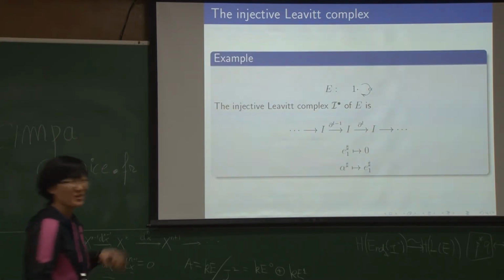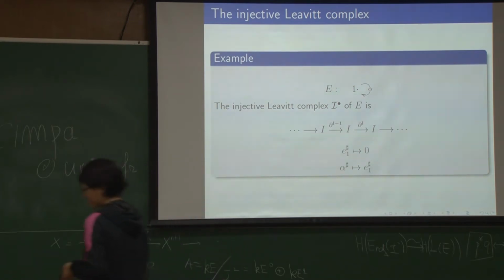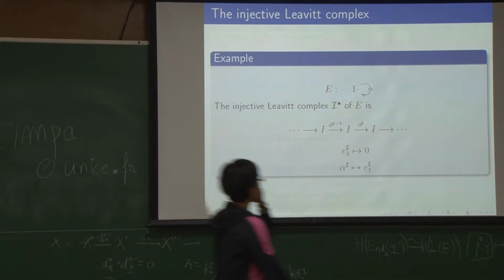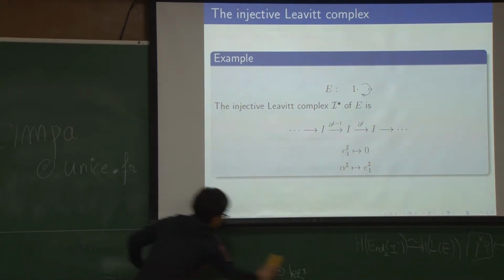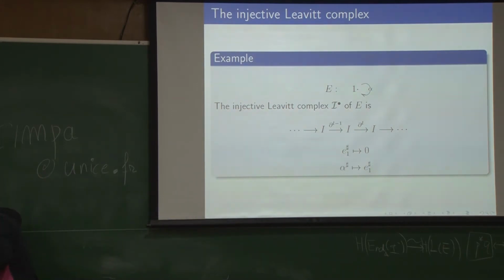Let's see an example. What is the injective-level complex for this graph? Here we need first to write down the set B_L. For any integer L, we need to write B_L^i, where i is the vertex.